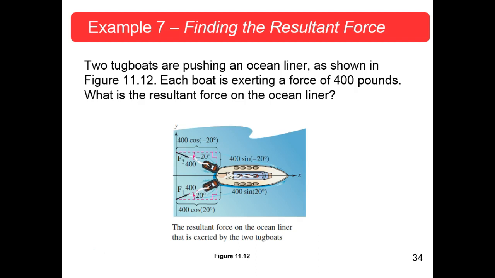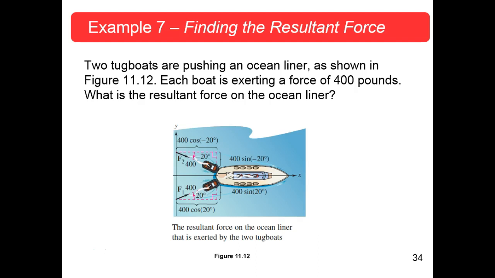This is your hypotenuse, 400. This is the adjacent. So cosine 20 is adjacent over hypotenuse; multiply both sides by the hypotenuse, and 400 times cosine 20 is equal to the horizontal component. The vertical component for this tug is 400, the hypotenuse, times the sine of 20 degrees.